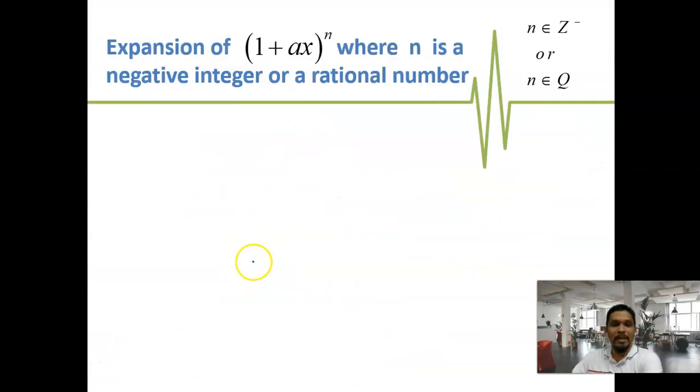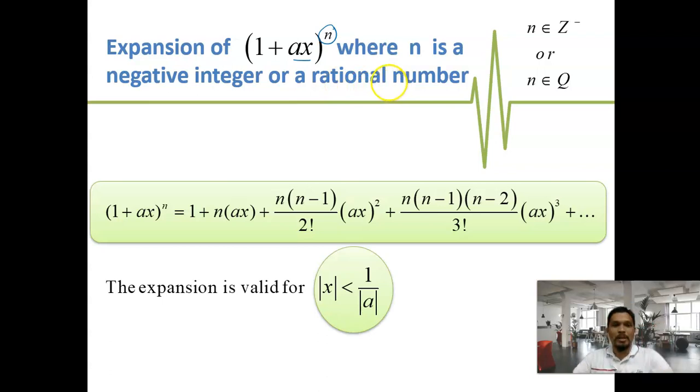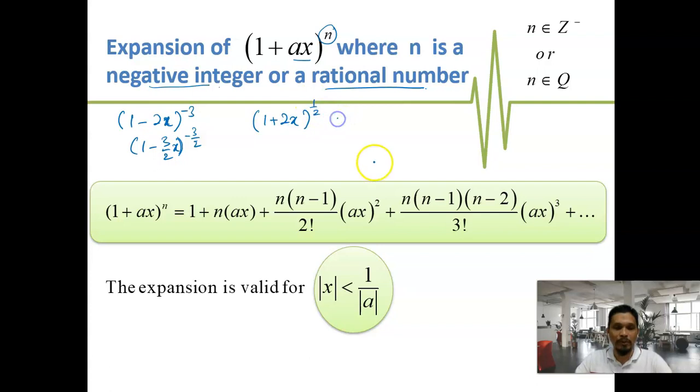Okay, next. Expansion of (1 plus ax) to the power of n, where n is a negative integer or a rational number. Class, examples of this are (1 minus 2x) to the power of negative 3, (1 minus 3 over 2x) to the power of negative 3 over 2, or (1 plus 2x) to the power of 1 over 2.